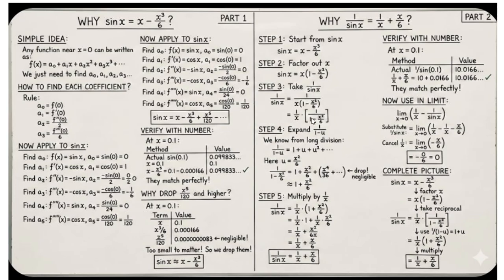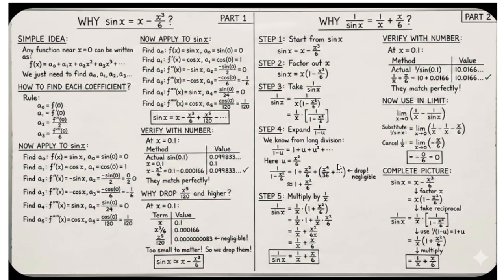Okay, now we already know from long division that 1 upon 1 minus u is equal to 1 plus u plus u squared and so on. If you take u equal to x square by 6, 1 upon 1 minus x square by 6 can be written as 1 plus x square by 6 plus x raised to 4 by 36.